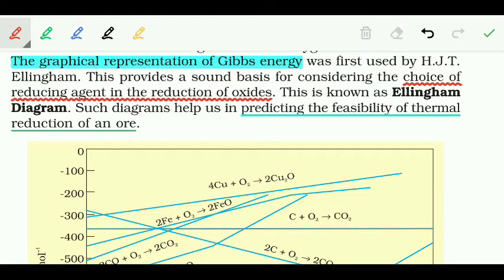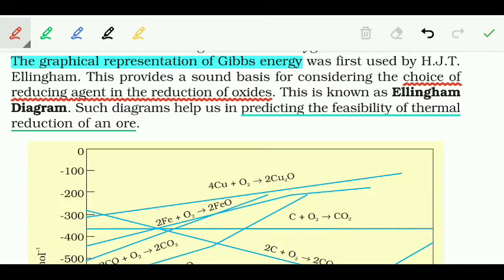This provides us sound basics for considering the choice of a reducing agent in the reduction of oxides. From this diagram, you can choose which kind of element can be used for the reduction of an oxide, and you have an idea that element X can be used and Y can be neglected, and so on.